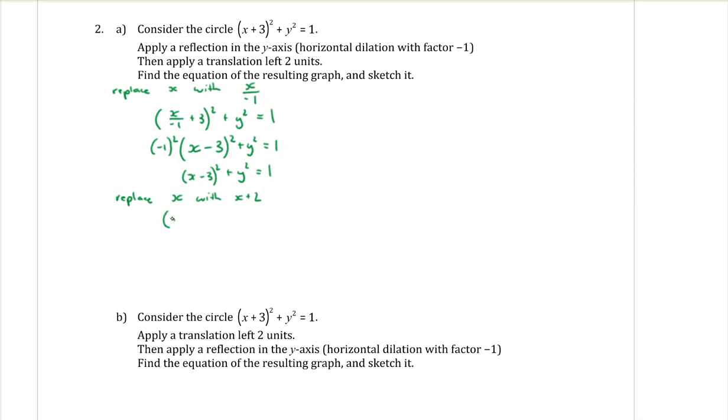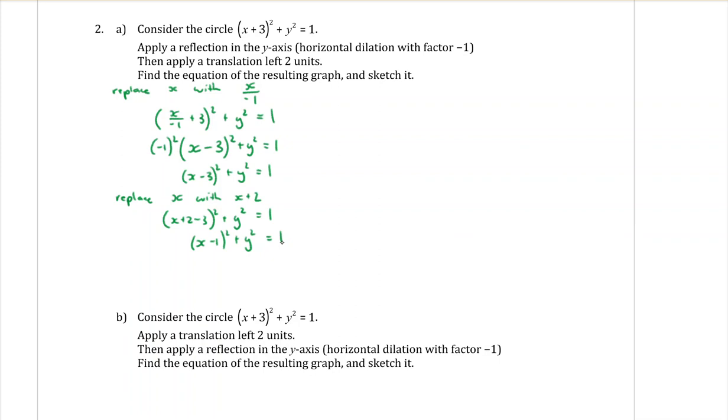So it's x plus 2, and then there's still the -3 in there in brackets squared, plus y squared equals 1. Now the +2 minus 3 makes x take away 1 in brackets squared plus y squared is equal to 1. Okay, so we have done the 2 different moves that we've been asked to do.